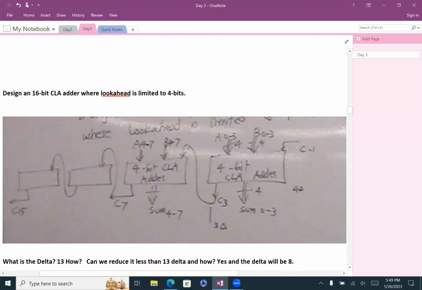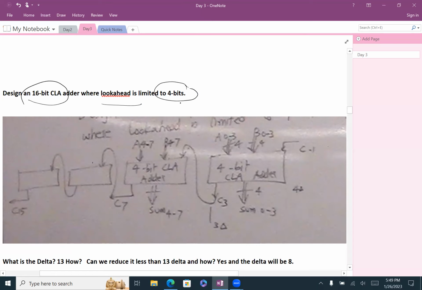Now that's 8-bit. Now let's make it 16-bit. So if you're doing a design for 16-bit carry ahead, using only 4-bit look ahead circuits, how will you do that? How many blocks do you need? 4, because you will have 4 bits, 4 bits, 4 bits, 4 bits, correct? Total will be 16 bits.